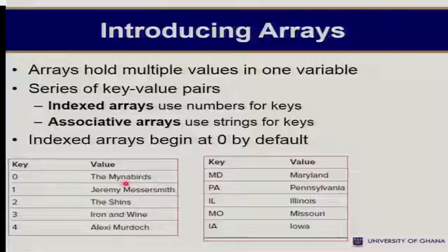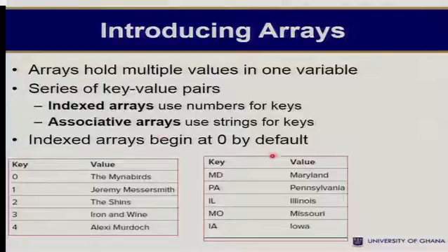So you have the first item at location 0 in the array. This is also at location 1. The next is located at location 2, sorry. And then you have the last one at key location 3.